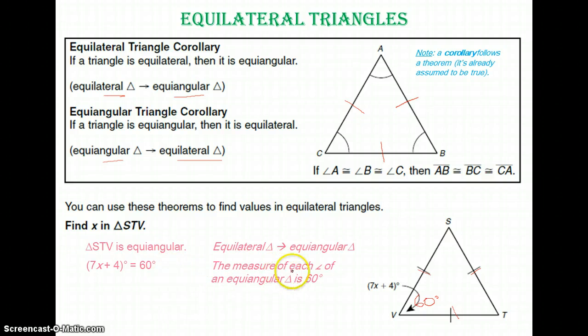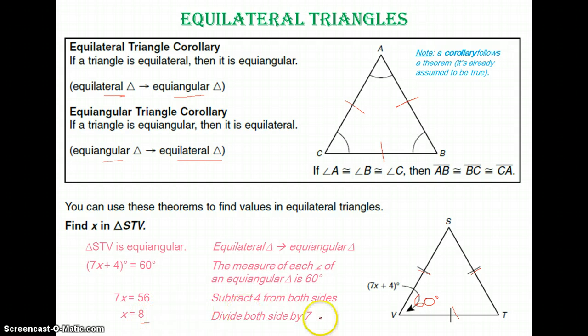Again, we know because the measure of each angle of an equiangular triangle is 60 degrees. Simplifying here, I'm going to subtract my 4 from each side, so 7x equals 56. And last step, we're just dividing both sides by 7. So x should equal 8.